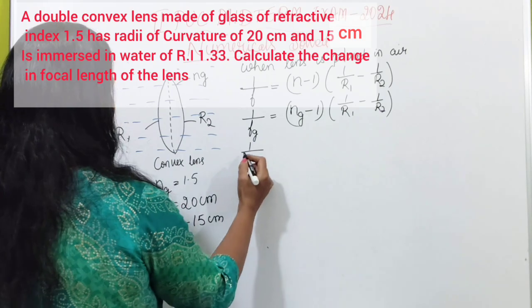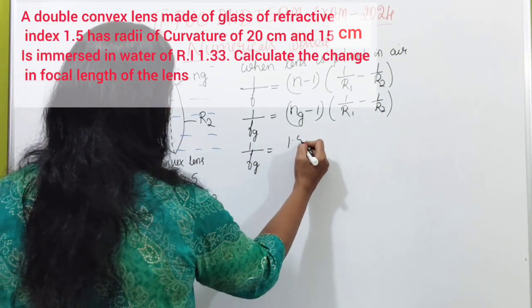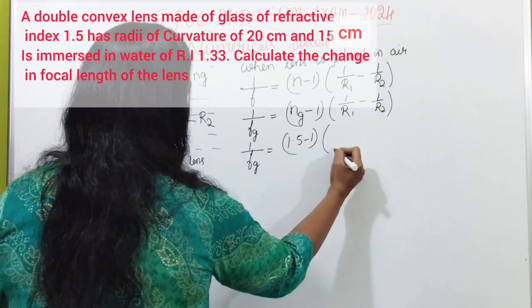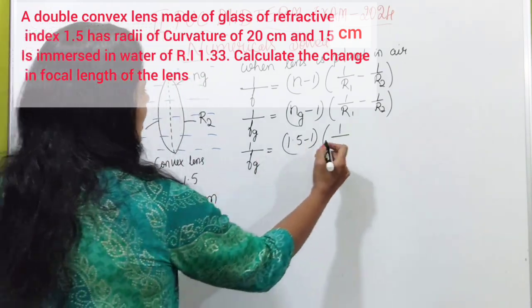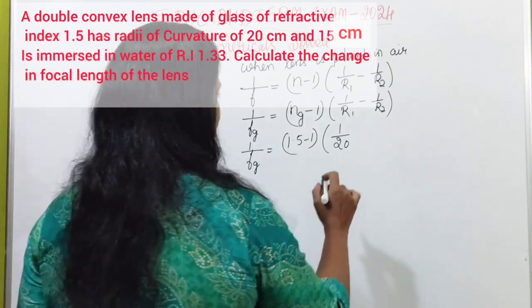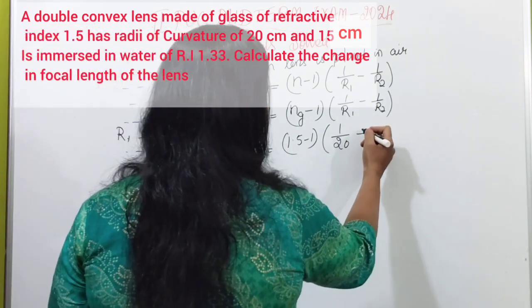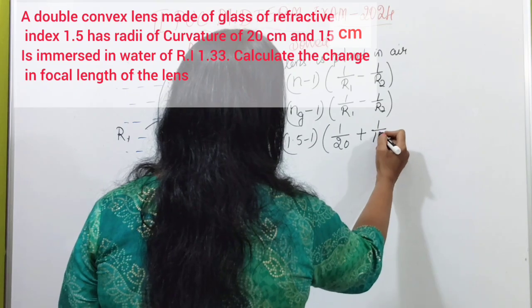So FG we need to calculate. Ng is 1.5 minus 1, into 1 by R1, which is 20. Keep as it is, no need of converting to meter, let it be in centimeter. Minus 1 by R2, R2 is minus 15, minus of minus becomes plus 15.